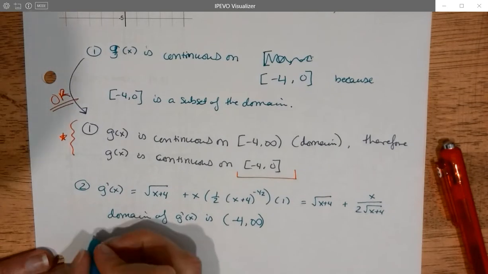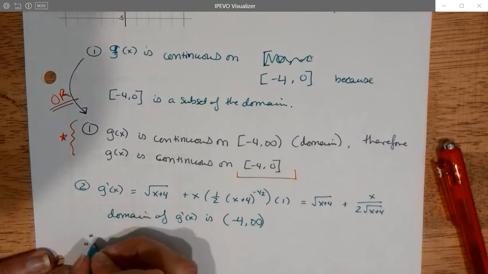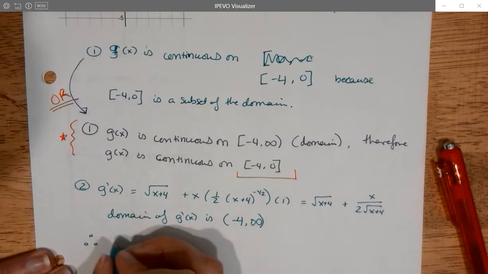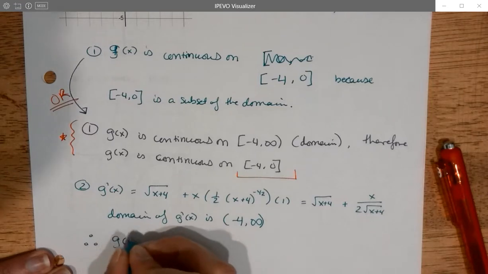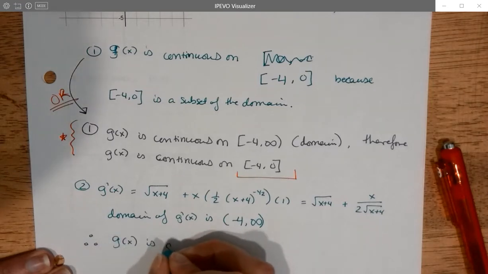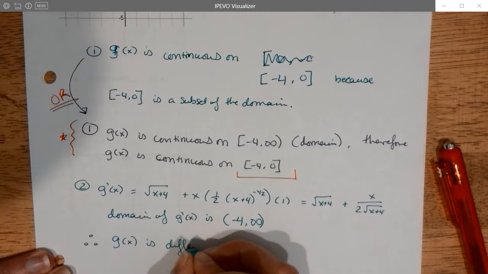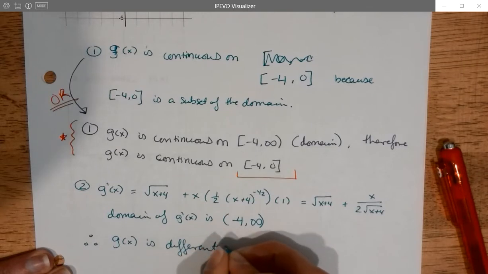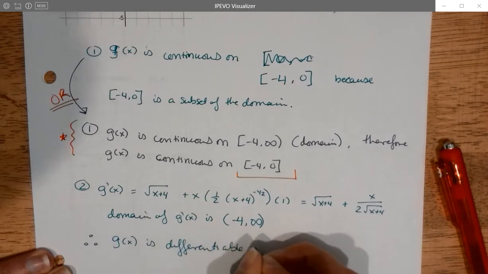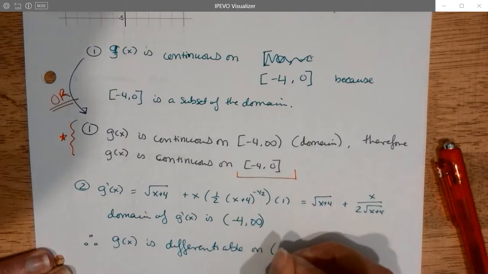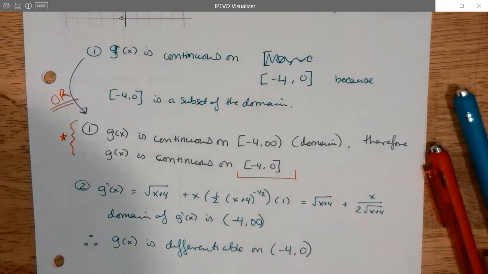So we're going to conclude that, therefore, regular g of x is differentiable on the open interval -4 to 0. Okay?